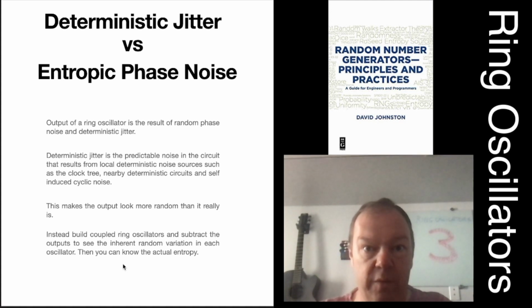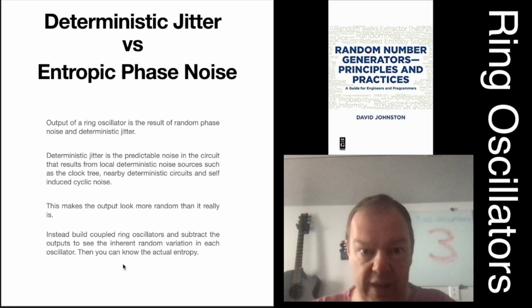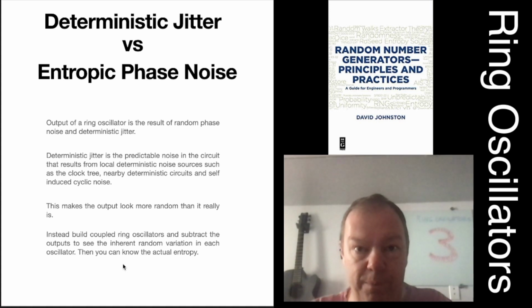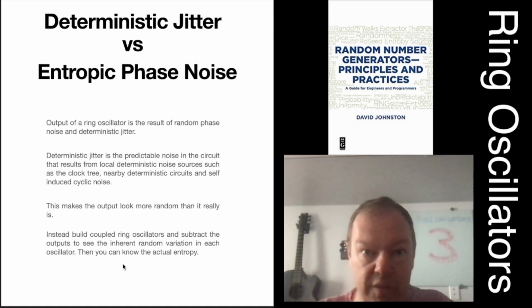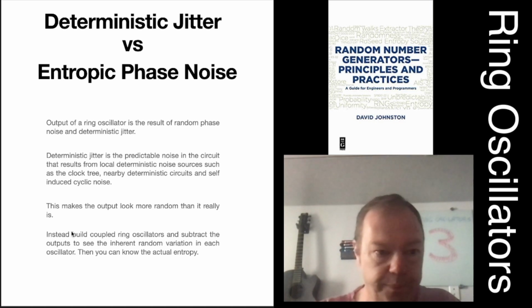So then you can subtract the 2 outputs from each other, and you cancel the deterministic jitter, but you increase the phase noise. And then you can look at that output and say, aha, from the 2 outputs you can calculate the deterministic jitter, but also then you can use that output knowing that you've eliminated it.